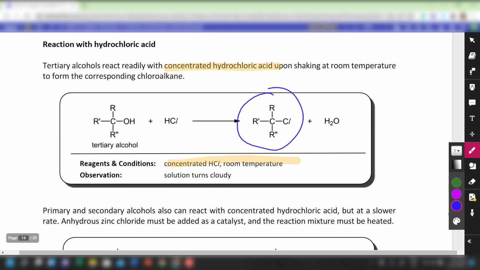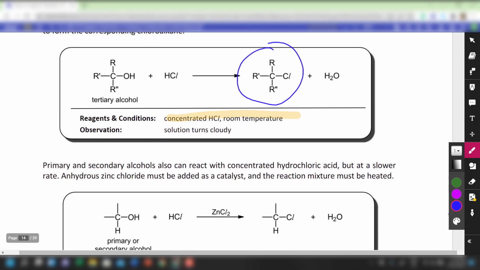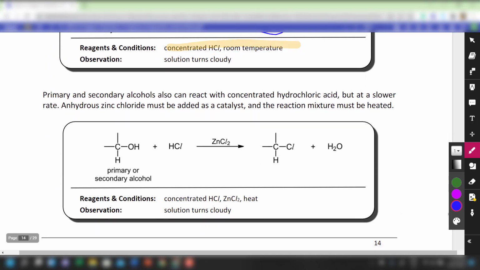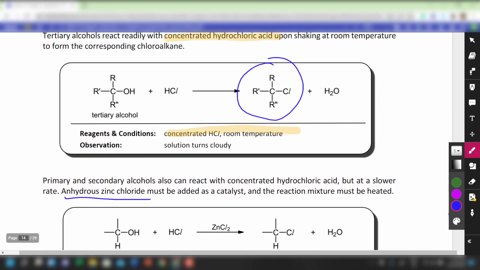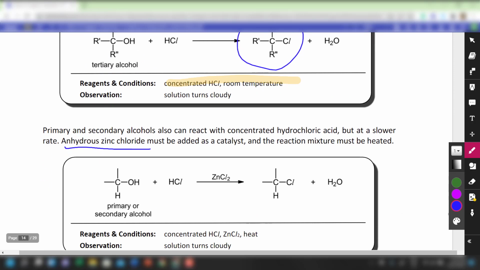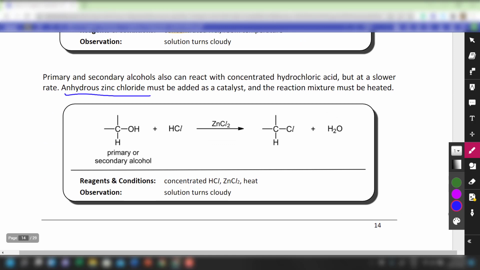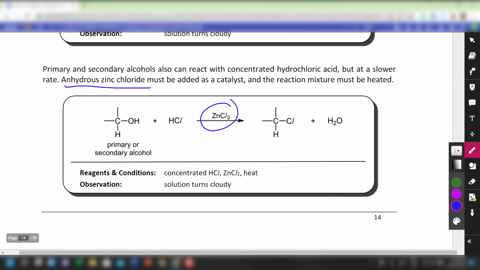That's an observation. However, for primary and secondary alcohols, we won't be reacting with concentrated HCl alone. We will have to incorporate anhydrous zinc chloride as well to act as a catalyst. In this case, the solution will turn cloudy more slowly compared to tertiary alcohols, but to accelerate the reaction, we use zinc chloride as the catalyst.